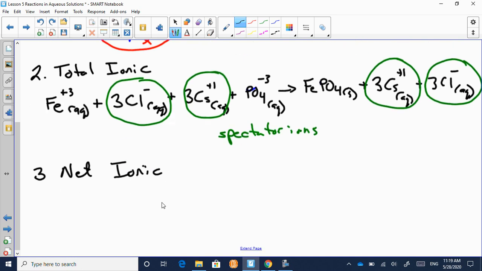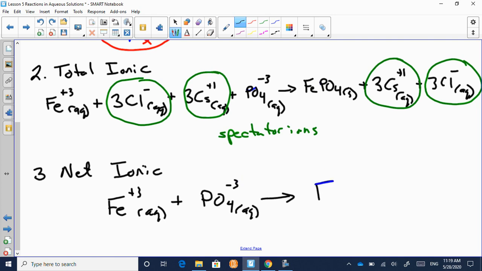And so here we go. I just write Fe +3 aqueous plus PO4 -3 aqueous makes FePO4 solid. And that is the molecular, the total ionic, and then net ionic equation.